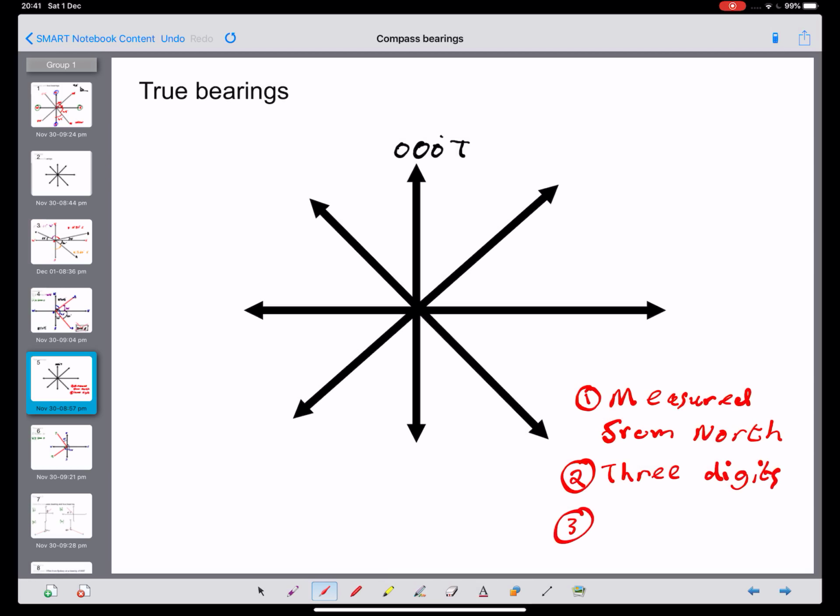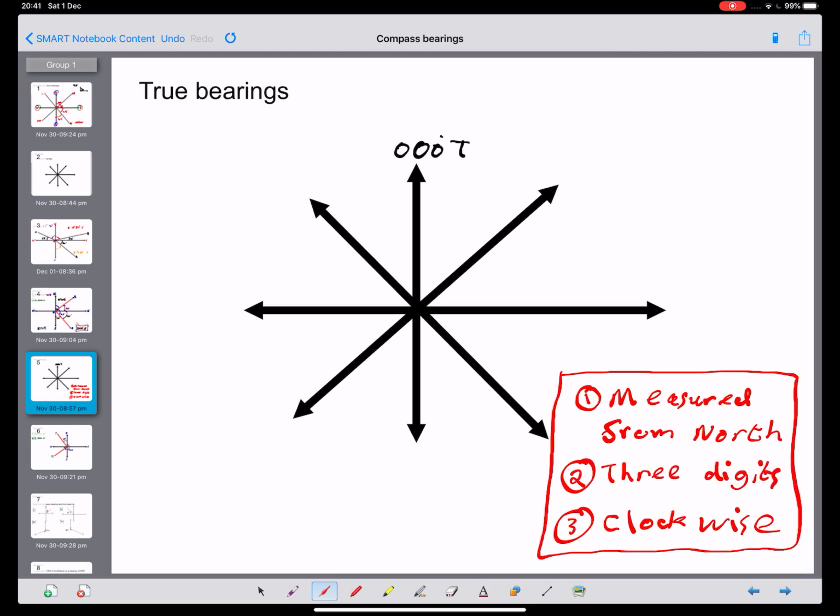And the third one is they're always measured clockwise. Compass bearings are sometimes measured clockwise, anti-clockwise. True bearings are always measured clockwise. So make sure you write these facts down, please, and memorize them.